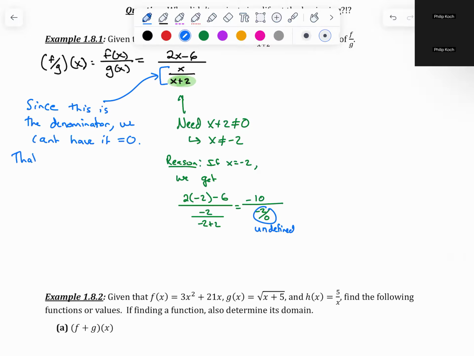That is, x divided by x plus 2 cannot equal 0. But as we learned with rational functions, the only way for that to equal 0 would be if the numerator equals 0. So this implies that x cannot equal 0.